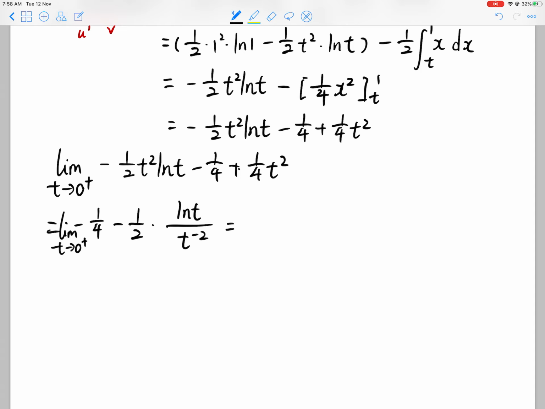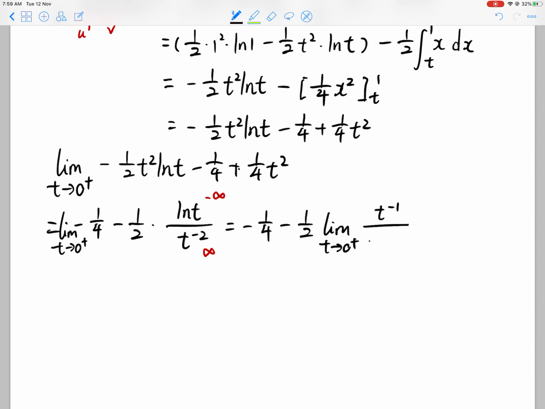Because this top is approaching negative infinity, the bottom is also approaching positive infinity, so you can use L'Hopital's rule. You differentiate the top, it's 1 over t.